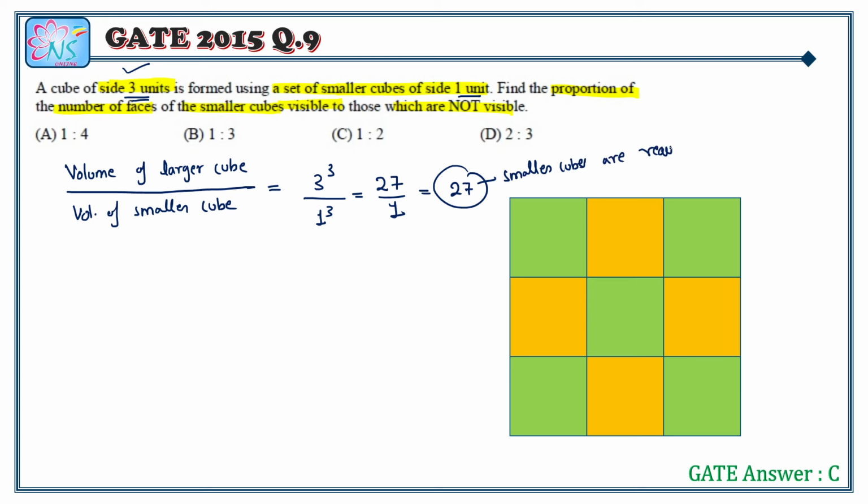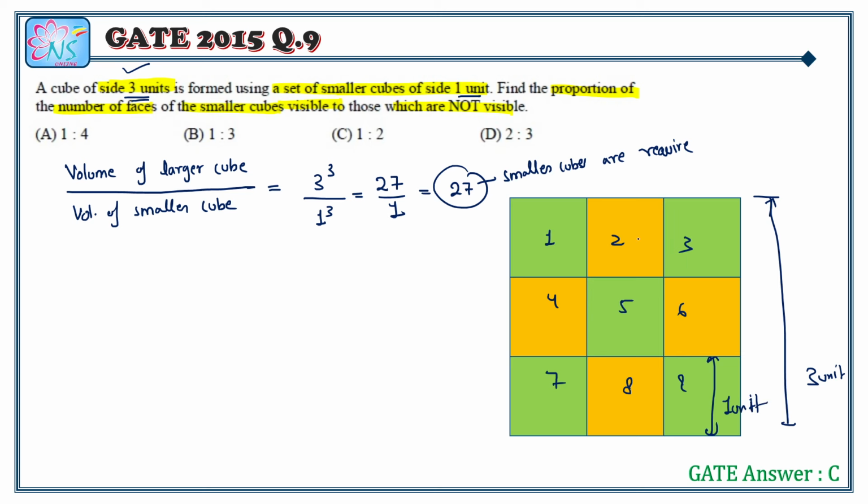Or you can do that by simple imagining, like how many cubes are required on one face. So these are 1, 2, 3, 4, 5, 6, 7, 8, 9. Because the side of the cube is 3 units, and one smaller cube has a side of 1 unit, on every edge there must be 3 cubes.